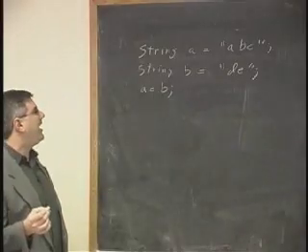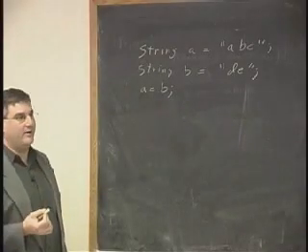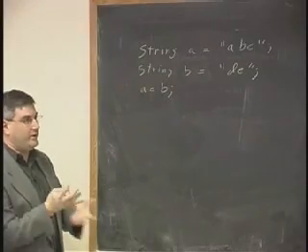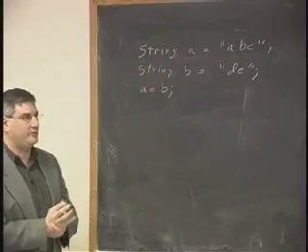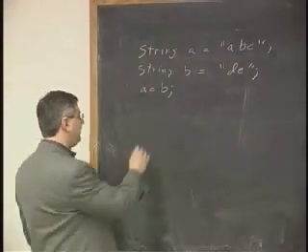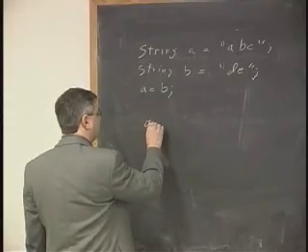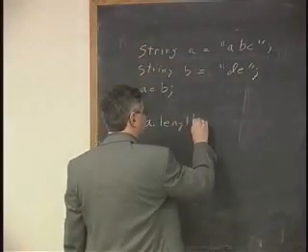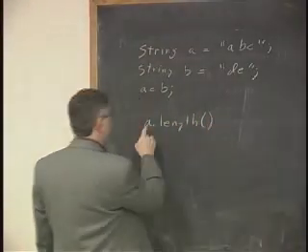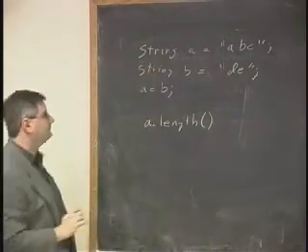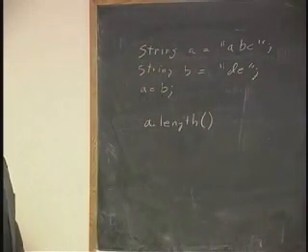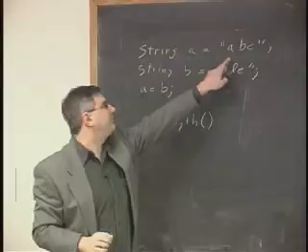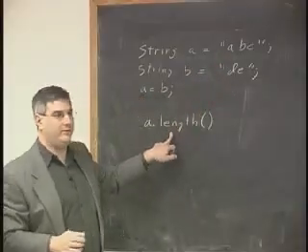Strings, being an object, have a method called length, which is a routine or function associated with the string that you can call, and the syntax for instance method calls is a.length. If a is a string variable, this is going to return the length of the string in number of characters. So here we started out with a equals that. We assigned it to b, so this would actually return 2.